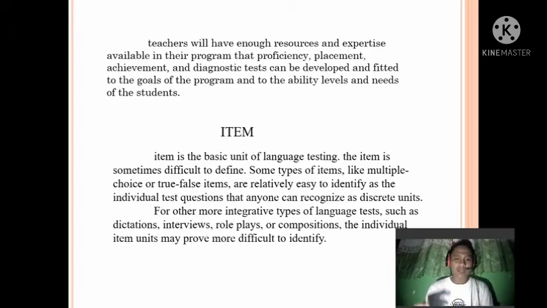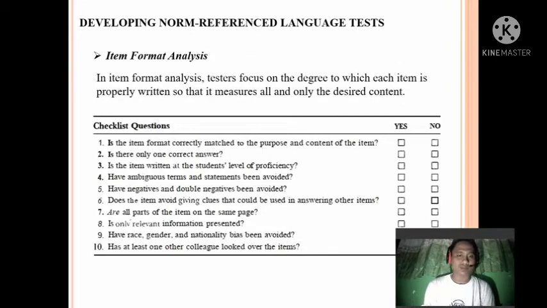Okay, that's multiple choice or true-false, that can be a task. And for other more interrogative types of language tests such as dictation, interview, role plays, or conversation, the individual item unit may prove more difficult to identify. It can be called non-test. Okay, it's like observation and others.